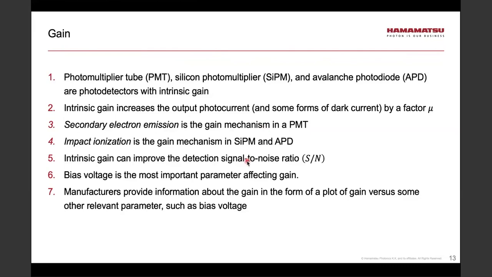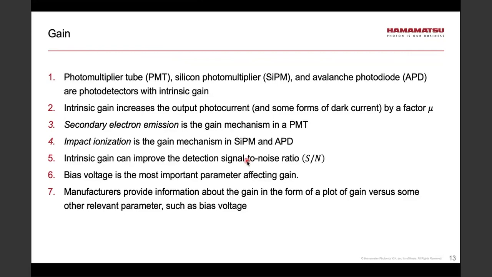So what can intrinsic gain of a photodetector do for us? The importance of that gain is that it can increase the overall detection signal to noise ratio. Please note that this overall improvement in signal to noise ratio cannot be achieved if I simply use an amplifier of gain mu.